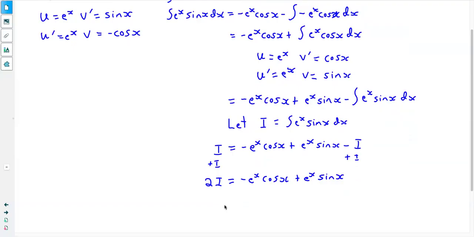Now we'll simplify this a bit. We'll divide both sides by 2, and both of these have e to the x, so I'd factor that out. That gives me e to the x times sine x minus cos x, over 2, is equal to that original integral.